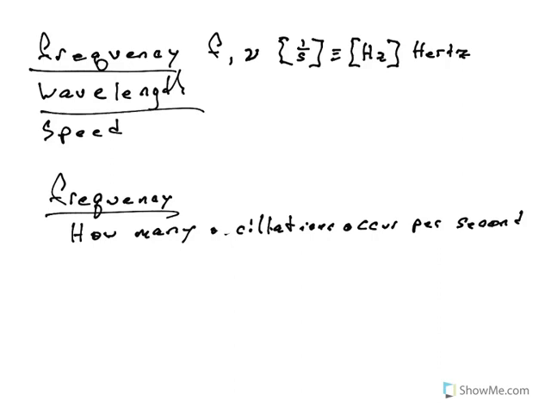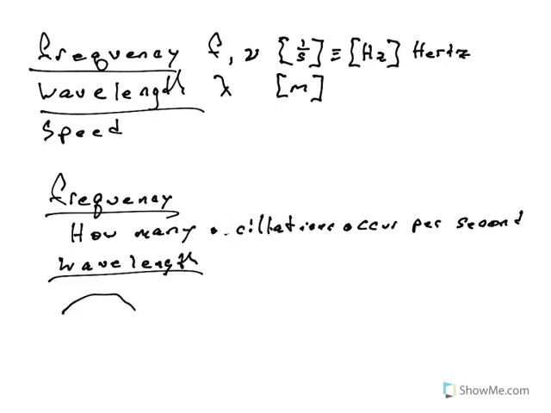Wavelength, its variable is lambda, Greek letter lambda. The units, of course, are meters because it's a distance of length. And wavelength is very similar to frequency in some ways.